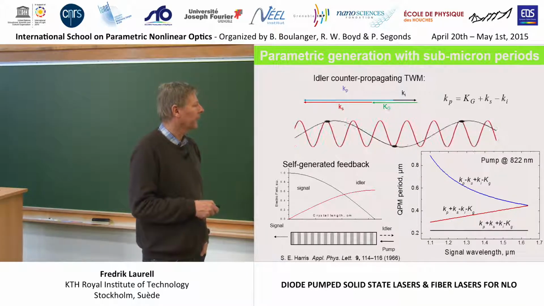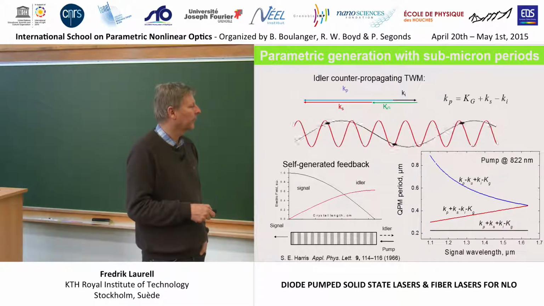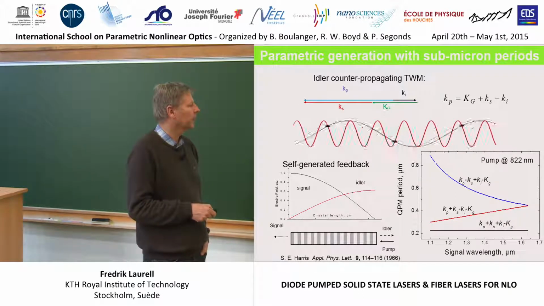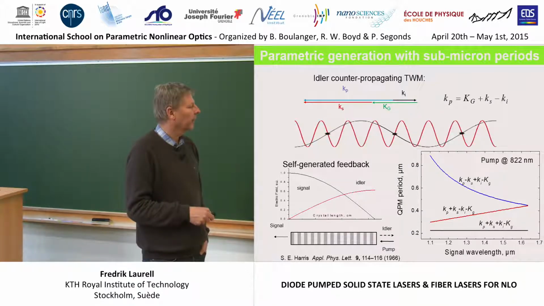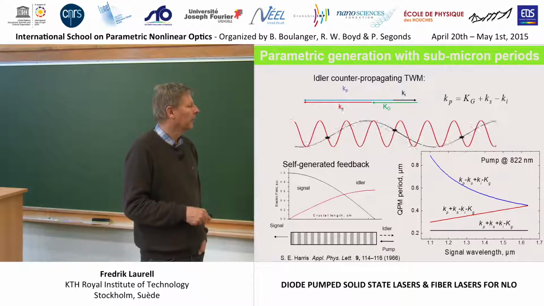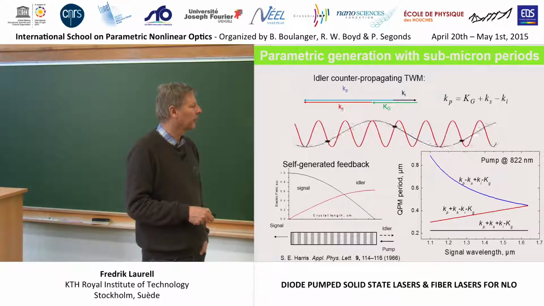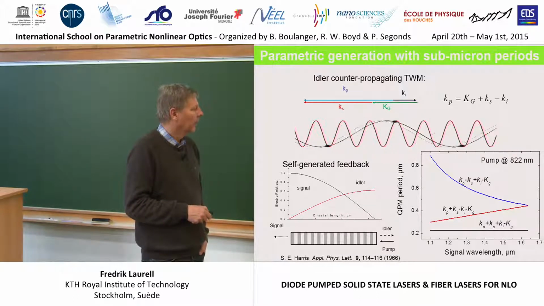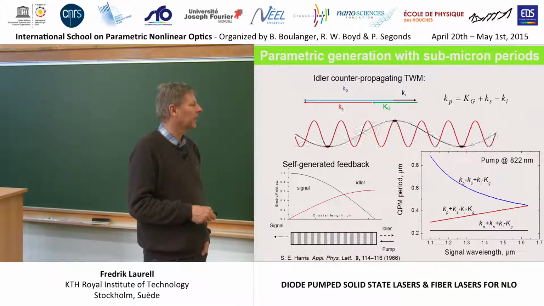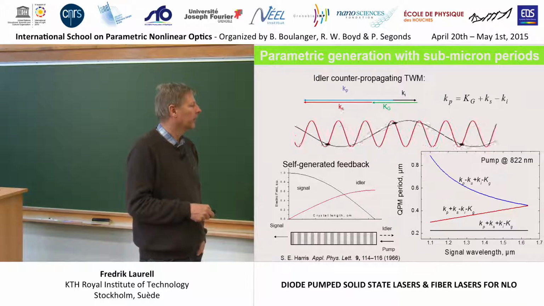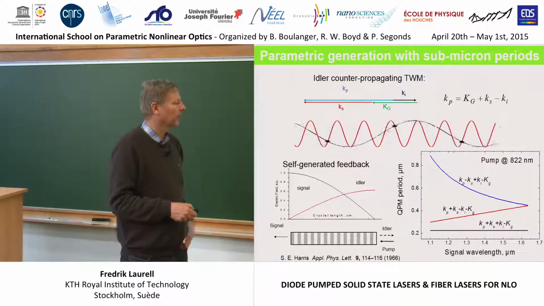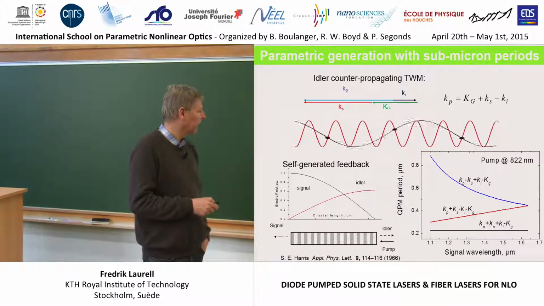If we can shrink the dimensions further, then we can instead send the signal in the backward direction. So then we need to come down to, with reasonable available wavelengths, up to maybe 1.5 microns. If we want to send both the signal and idler backward, then we need to go down here. So this is going to be quite tough, at least if we use our thick crystals.